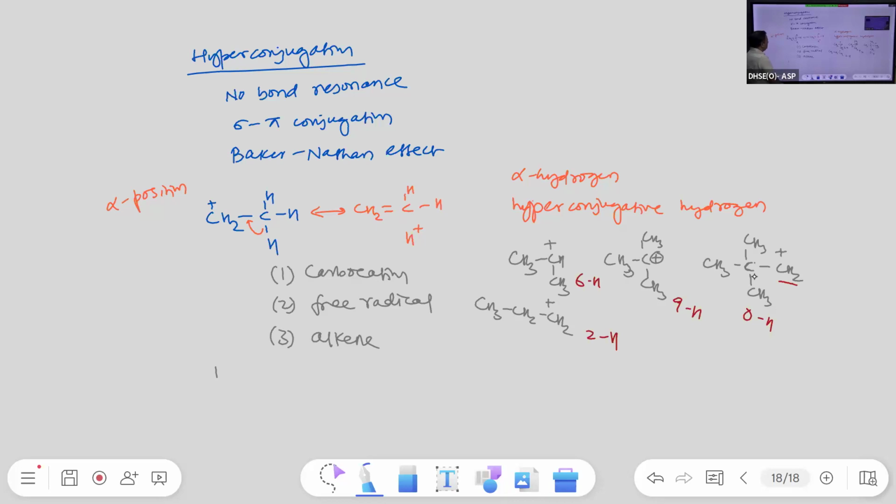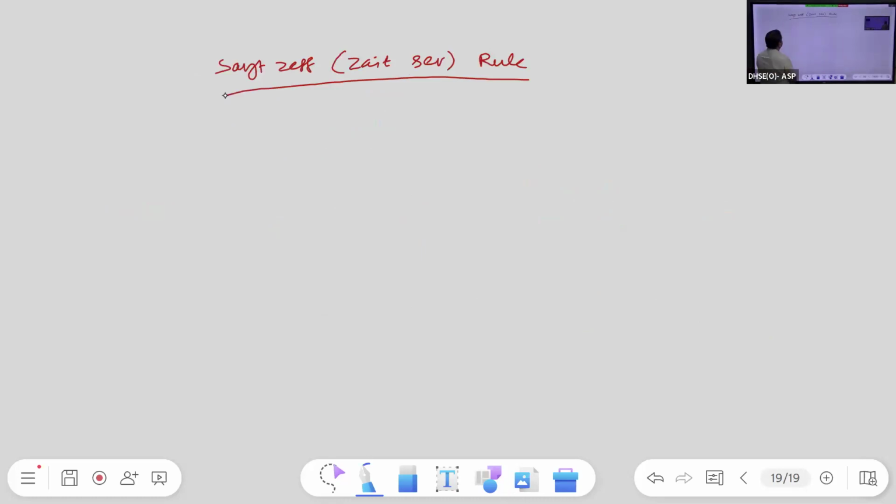Now the stability of alkene, that is known as Saytzeff rule. Okay, so what is this rule all about?